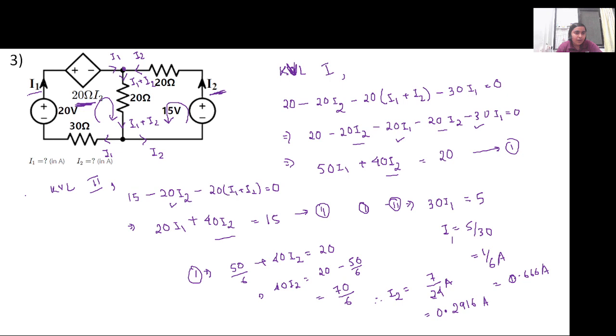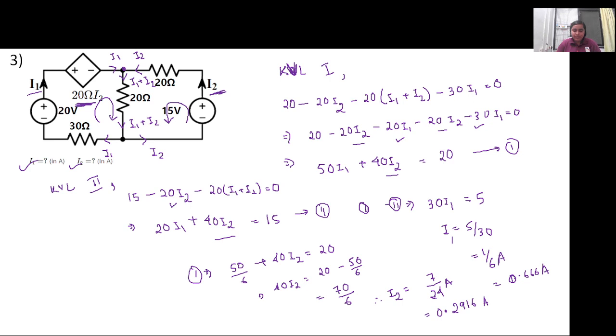So we have solved for I1 and I2. No matter how big the circuit is, the only difference for dependent sources will be that they depend on certain branch parameters, which may be a current or voltage. Otherwise the solution of the circuit will be exactly how we do it for any normal circuit.